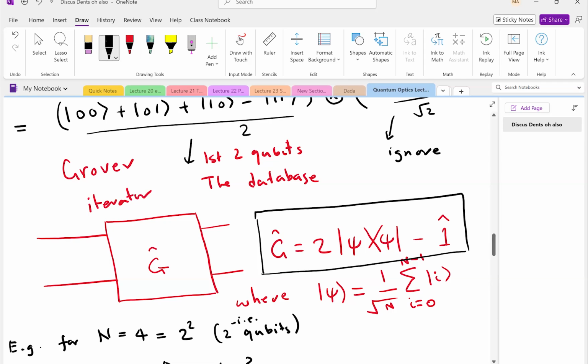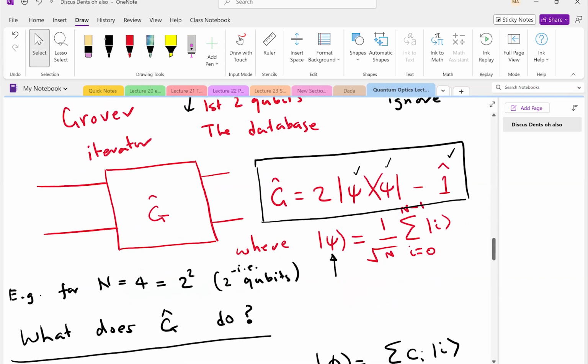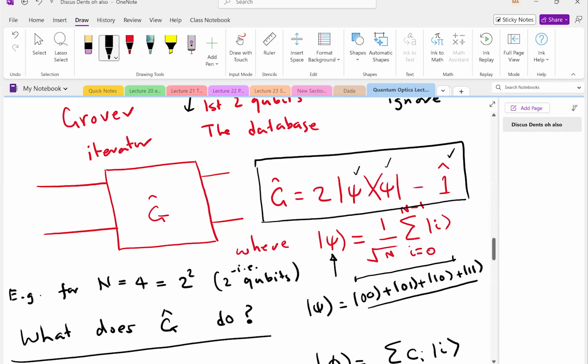It implements 2 times ket psi, bra psi, which is a projective operator, minus identity, where this psi is defined as an equal superposition of all the basis states. For example, if we have 2 qubits, there will be 4 basis states. So psi will be a superposition of 00 plus 01 plus 10 plus 11, over square root of 4, which is 2.